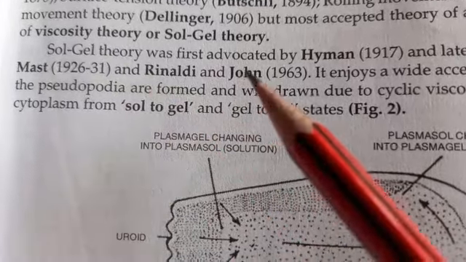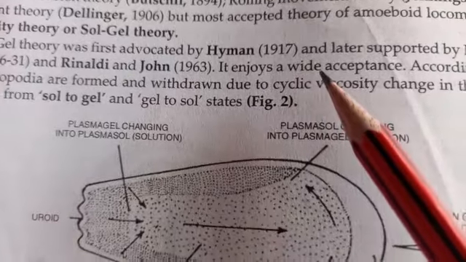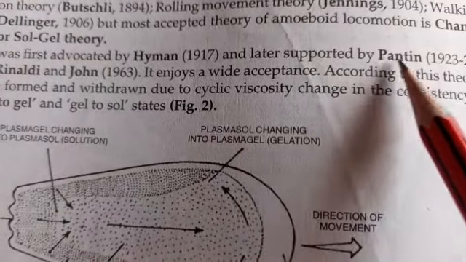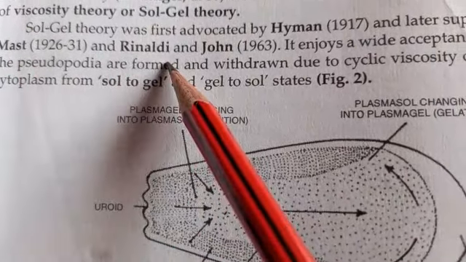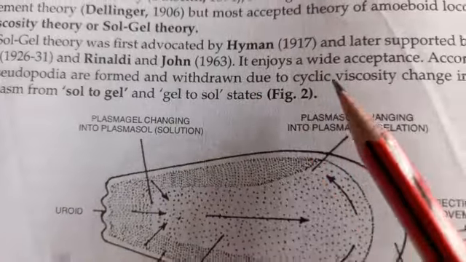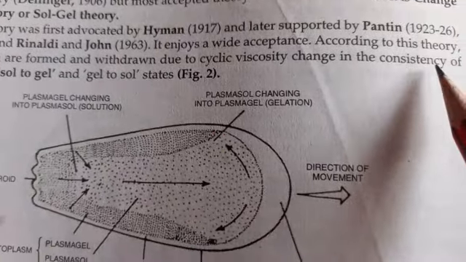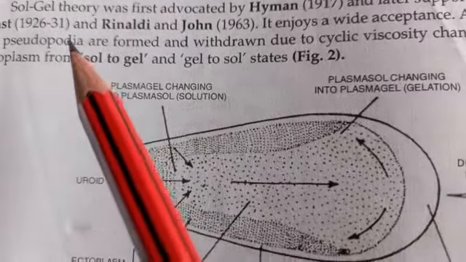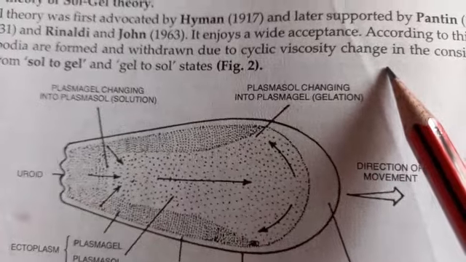The sol-gel theory was first given by the scientist Hyman in 1917, and it was later supported by Pantin in this year. Similarly, by other scientists, Mast, then Rinaldi and John in different years. This enjoys wide acceptance, and the basis of this theory is that the pseudopodia are formed and withdrawn due to cyclic viscosity change.